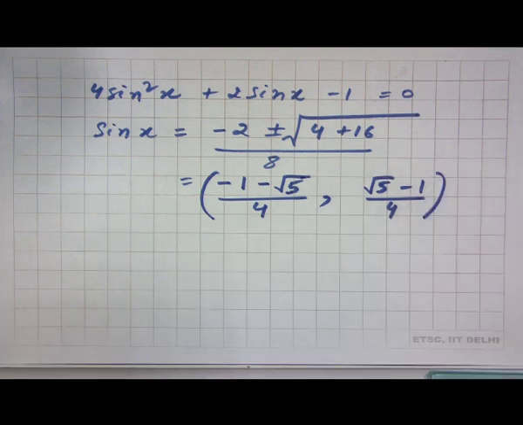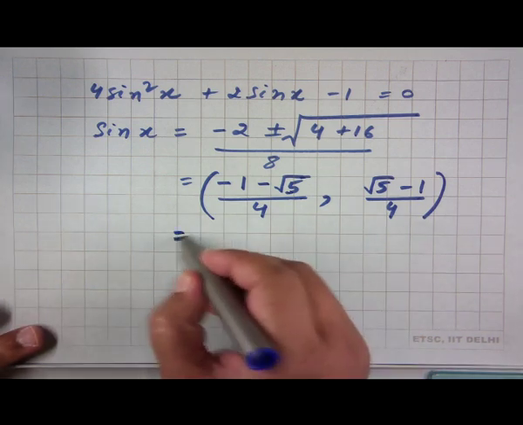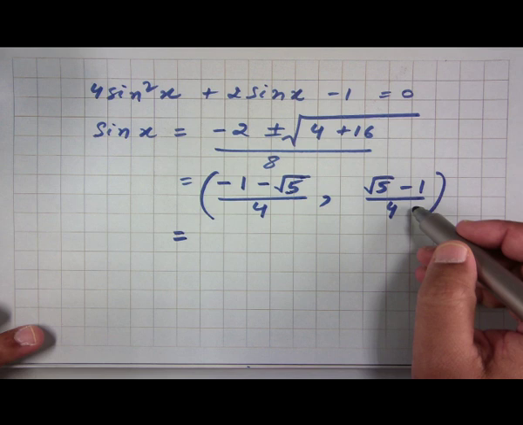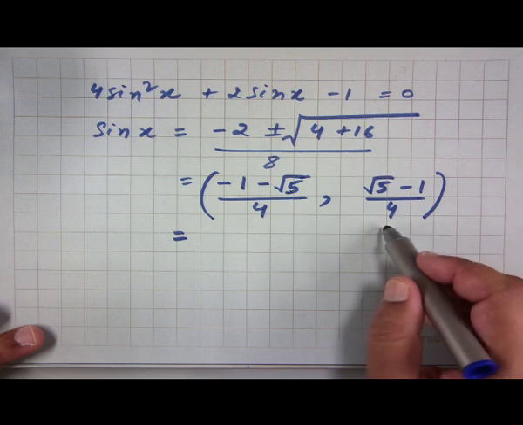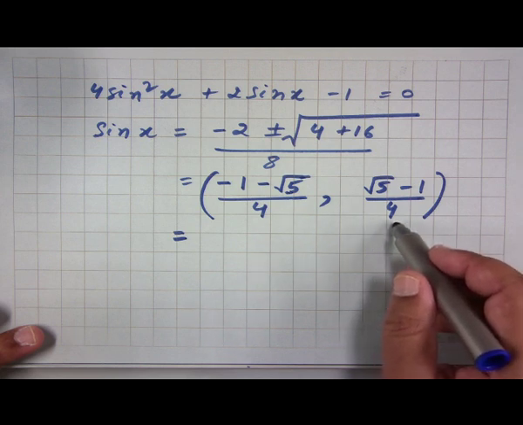Now, we know that this is nothing but sine of 18 degrees. If you recollect, sine of 18 degrees was root 5 minus 1 over 4.